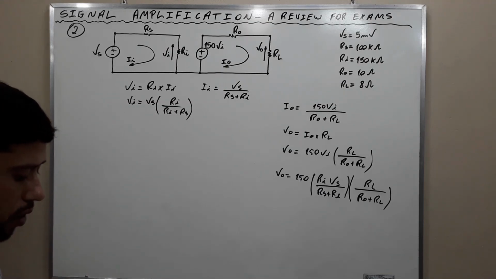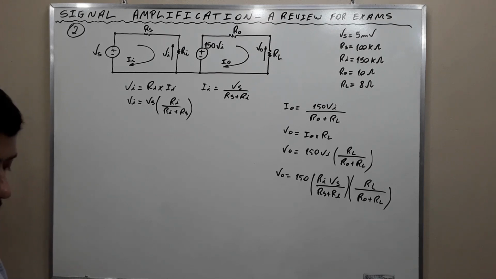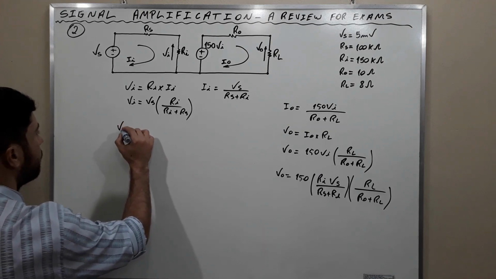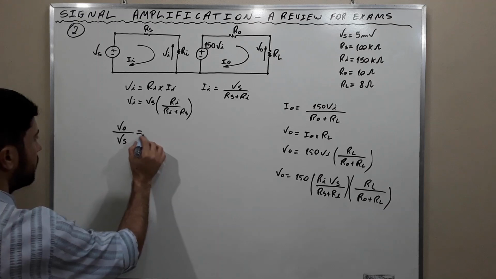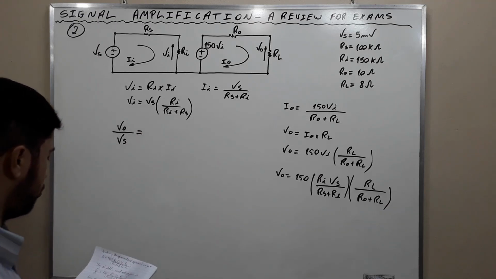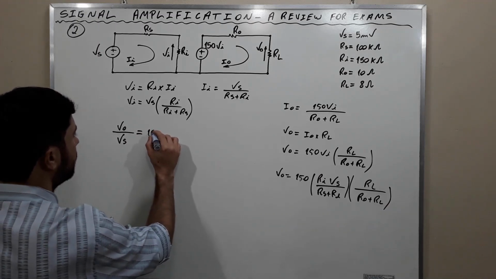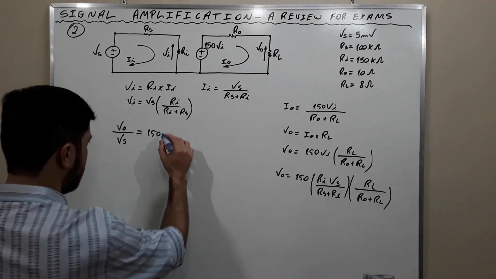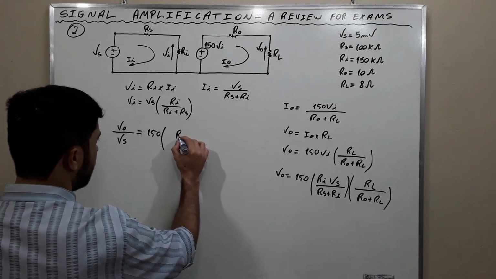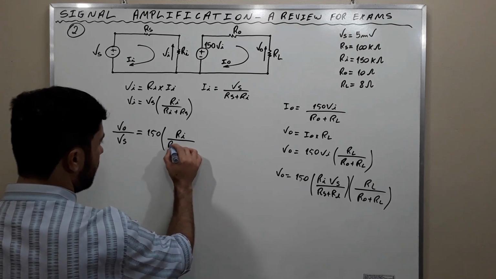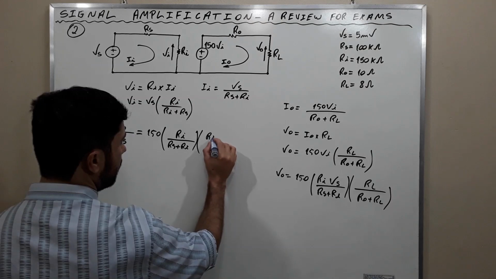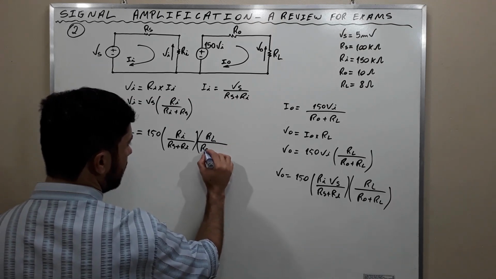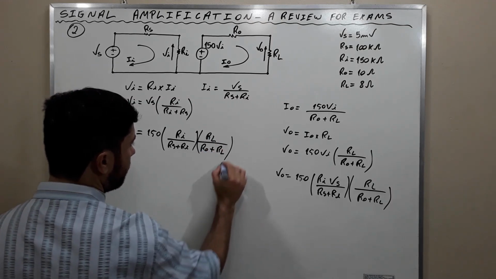Thus, the global or overall voltage gain is Vo over Vs is equal to 150 Ri over Rs plus Ri times RL over Ro plus RL. Okay?